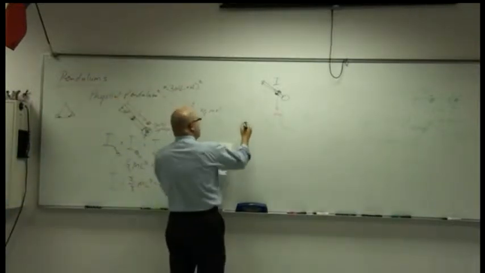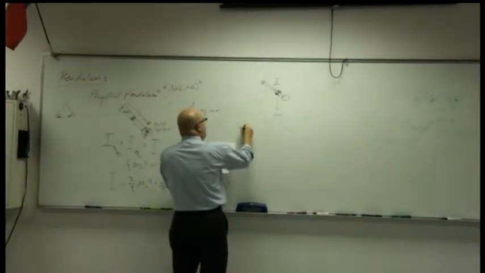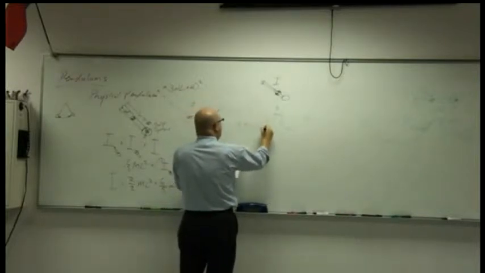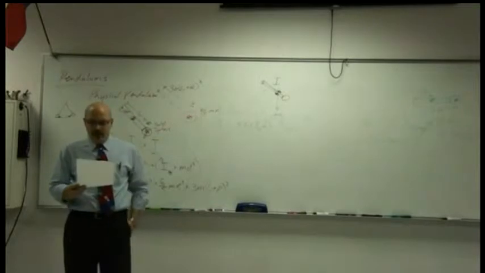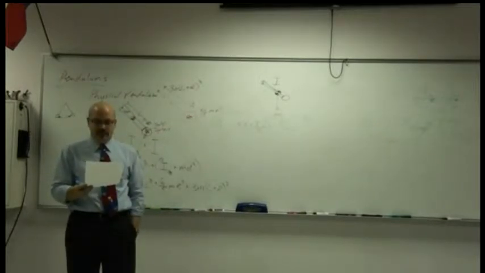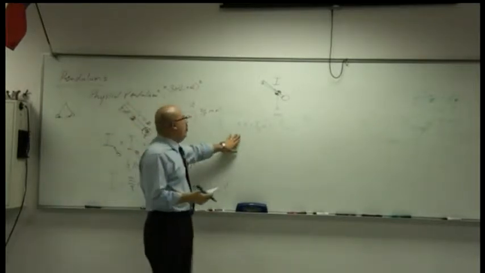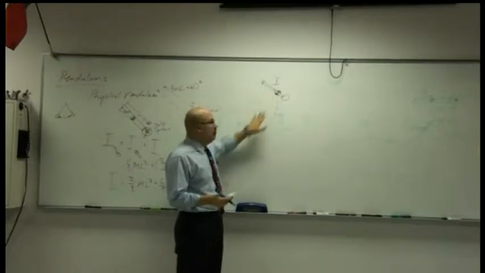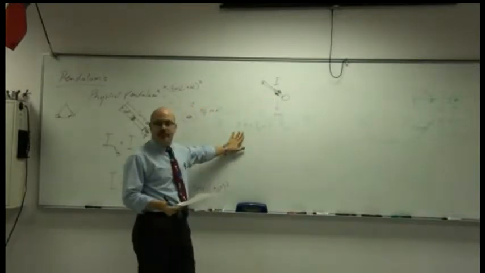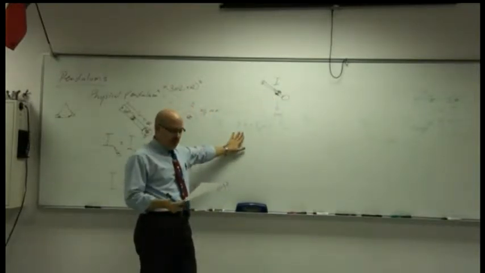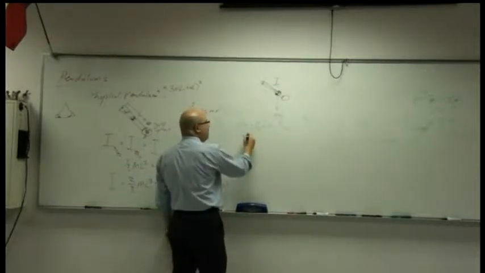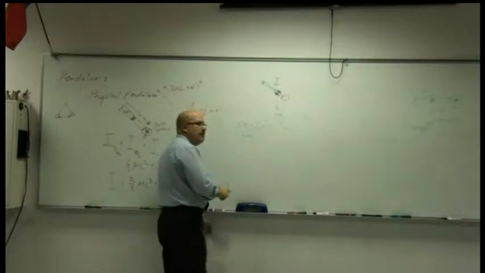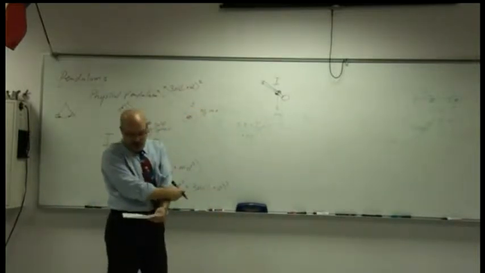The sum of the torques equals I alpha about the pivot point. So what is the torque right now? It's R cross mg. But what's our R?